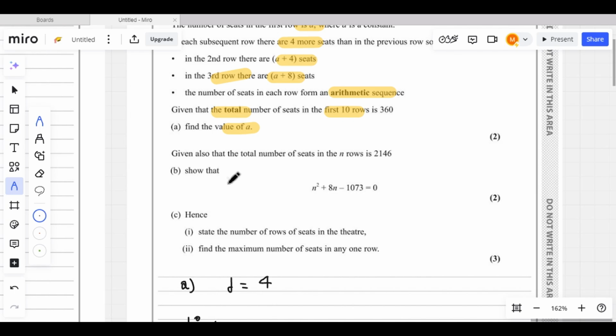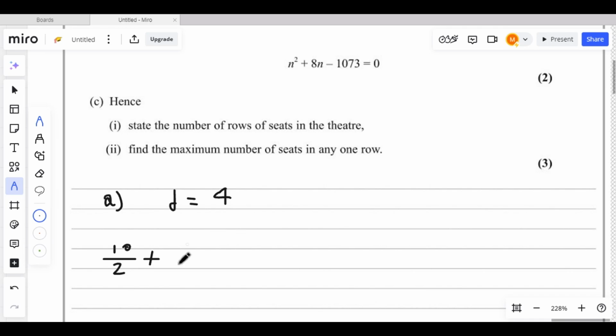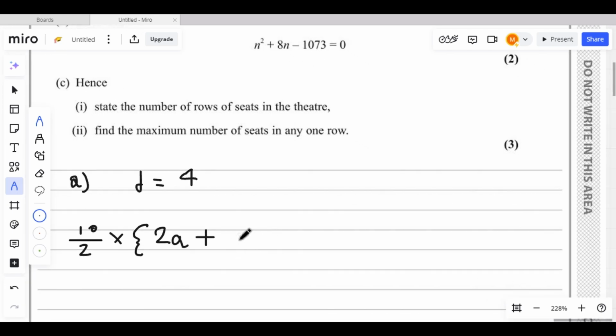So for an arithmetic progression, the sum of the first n terms of a sequence is given by n over 2 times twice of A plus n minus 1, where n is 10 here, so n minus 1 is 9, times D. The common difference is 4.